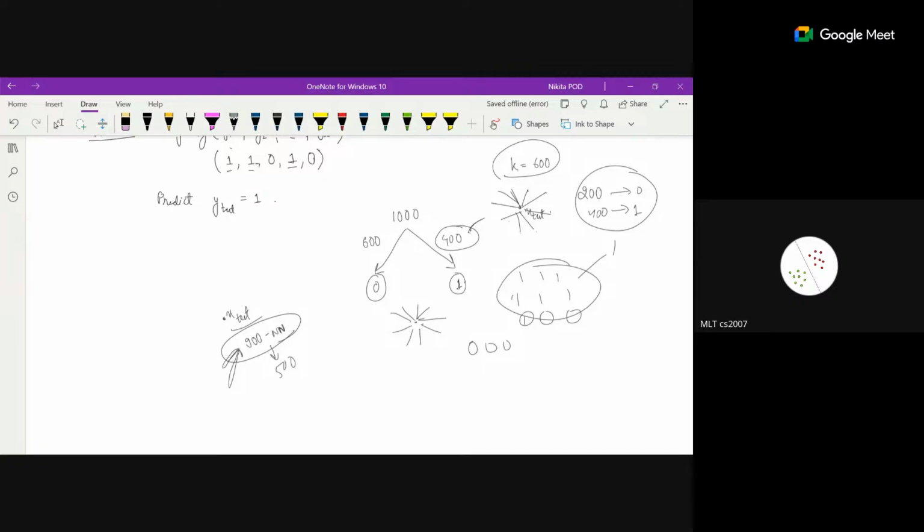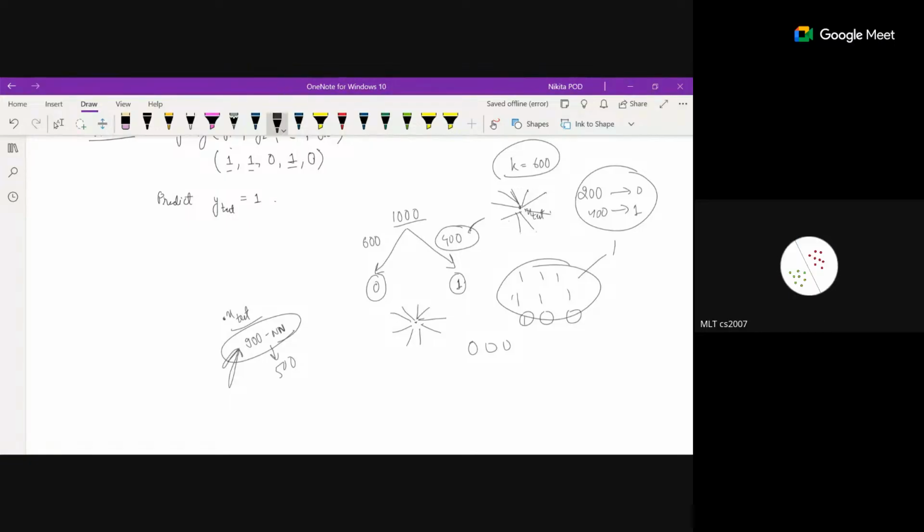Using only the information given to us, that you have a data set with 1,000 points, 600 labeled as 0 and 400 labeled as 1, if you give me k as 600, I cannot say anything for sure. It can be 0, it can be 1.